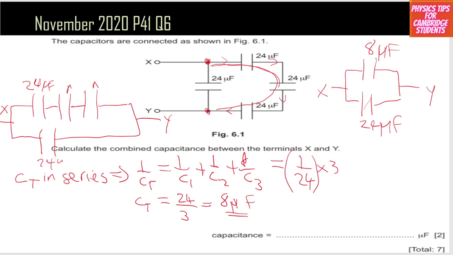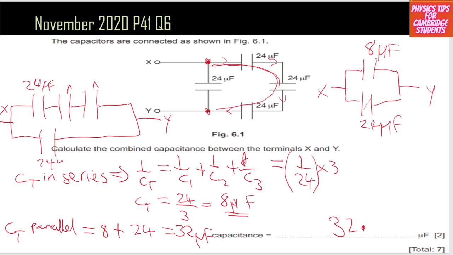Okay, so we simply add the capacitances. So the combined total that is in parallel will be equal to the 8 plus the 24 micro, which should give you 32 microfarads. Okay, so that's 32 microfarads.